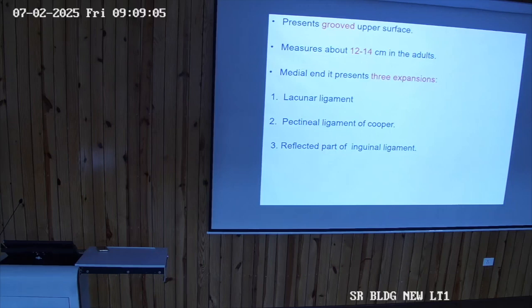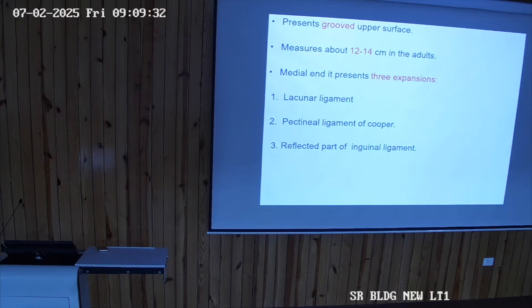It presents a grooved upper surface. Its length is around 12 to 14 centimeters in adults, but the length of the canal is around 4 centimeters. Its medial end presents three expansions, which you will be reading in the boundaries of the inguinal canal. So one must be familiar with these three extensions of the inguinal ligament.